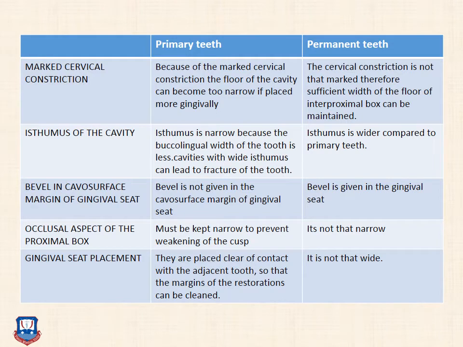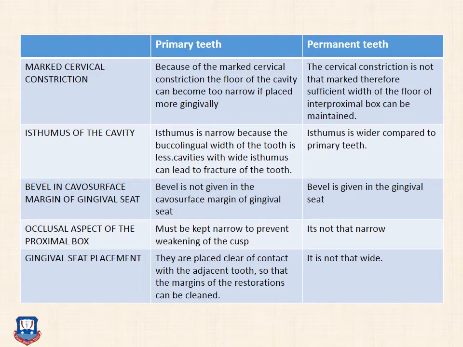In primary teeth, as we know, there is marked cervical constriction because of the narrow floor of the cavity, and this leads to placement of the cavity margin more gingivally. While in the permanent teeth, the cervical constriction is not that marked because of the sufficient width of the floor of the interproximal box.